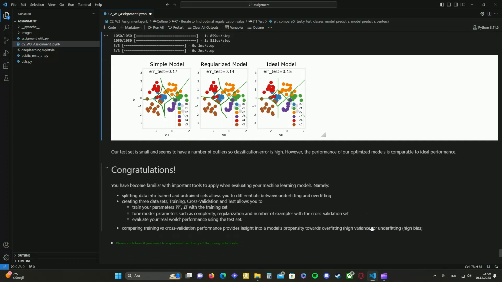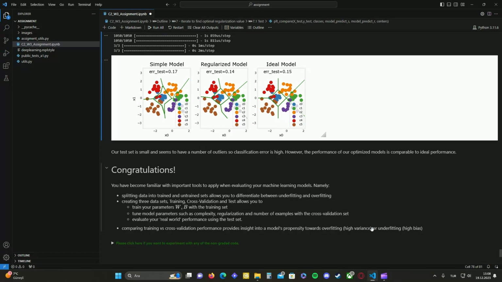You have become familiar with important tools to apply when evaluating your machine learning models, namely splitting data into trained and untrained sets, which allows you to differentiate between underfitting and overfitting.